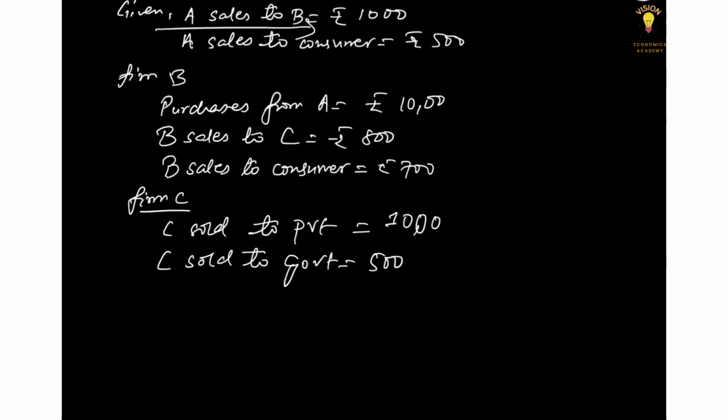So it's not necessary for us to find the intermediate cost, as C is selling to private and government, so it does not become intermediate cost of either A or B, right? And C had purchased from B worth rupees 700. Okay.